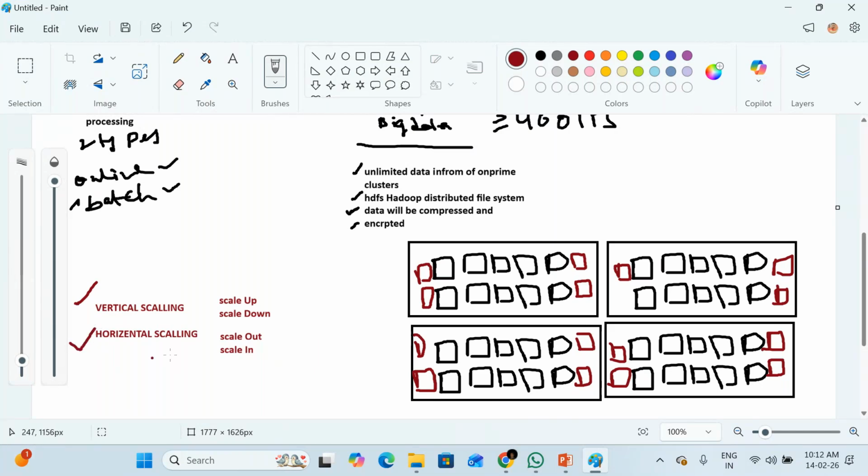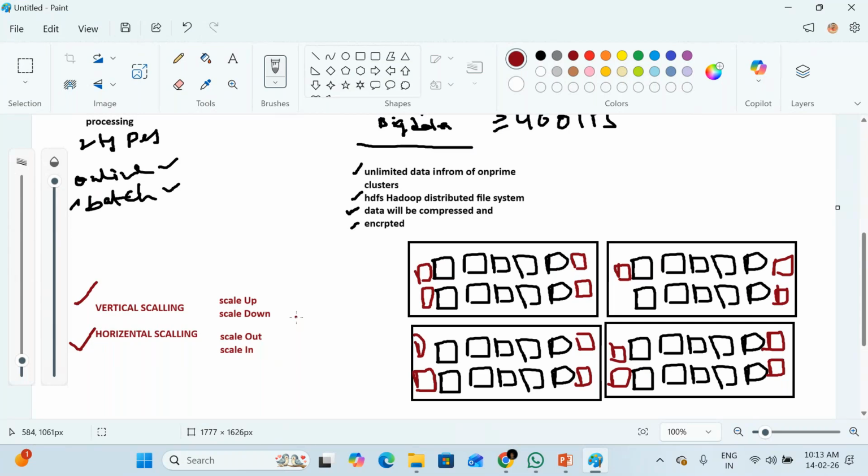Vertical scaling means scale up and scale down. Scale up means increasing the hardware within the computer; scale down means decreasing it. But horizontal scaling is increasing and decreasing the computers within the environment. Got my point? Very important.